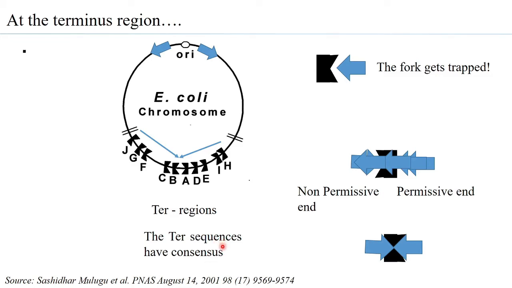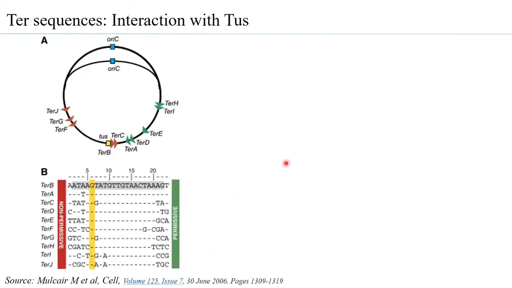Several studies were carried out to look at this, and it was found that when they sequenced every TER region in the terminus, so they sequenced TER B, TER A, C, D till TER J, and compared the sequences, on comparing them, when you look at the TER region from base pair 1 to the 23rd base pair, it is a very clear indication that most of these sequences do not change, or they are similar.